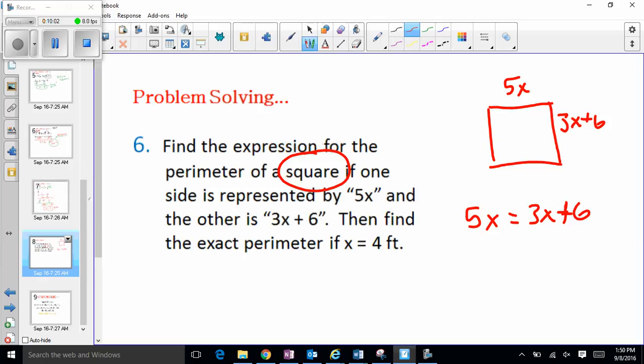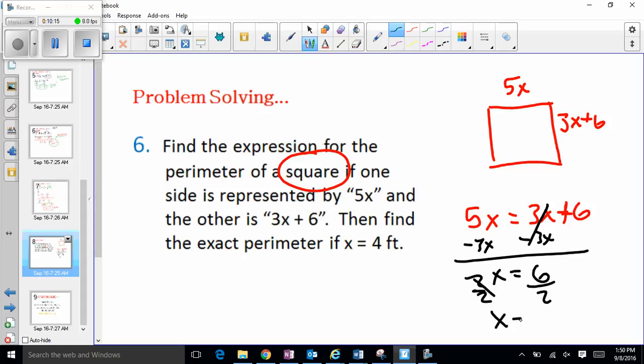If I want to solve this and get both of the variables on the same side, I'm going to subtract 3x here so that I get 2x is equal to 6. So that means I'll divide by 2. And now I know that x equals 3. What does that mean exactly? Well, now this is no longer 5x, it's 15 units or 15 feet.